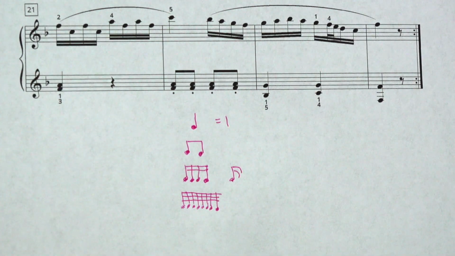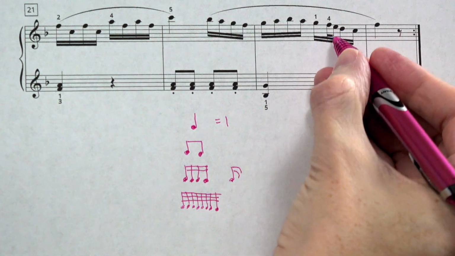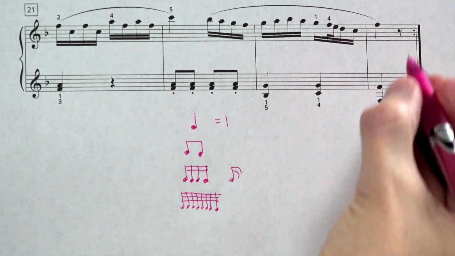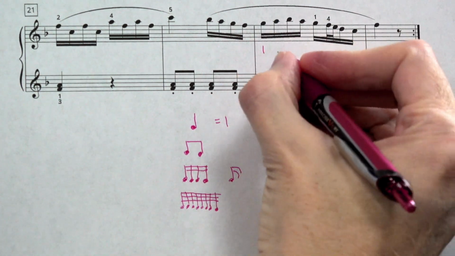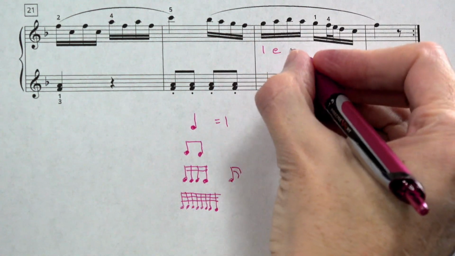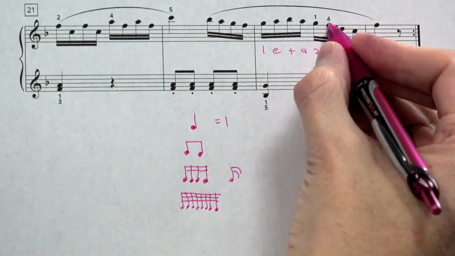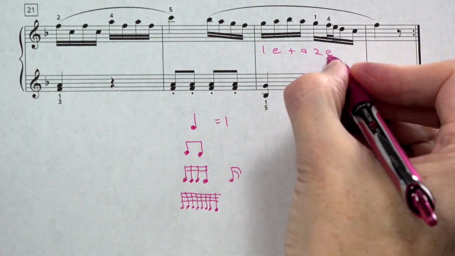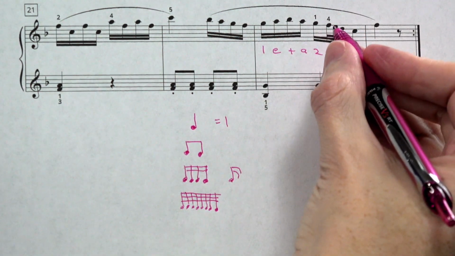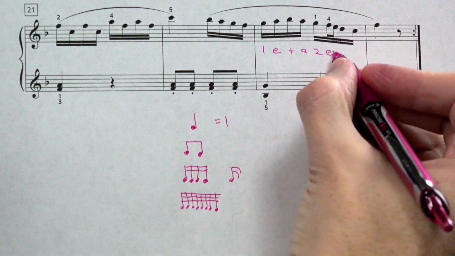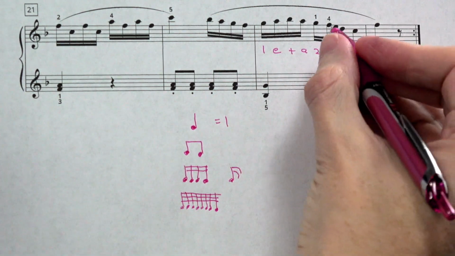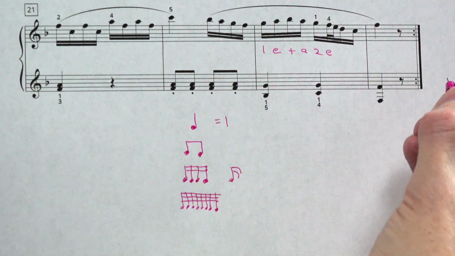So when you see these 32nd notes here, don't panic, just think your counts. 1 E and 2 E. When you get to E, you've got to play two notes in the space of one 16th note. Because remember, these go twice as fast as 16th notes.